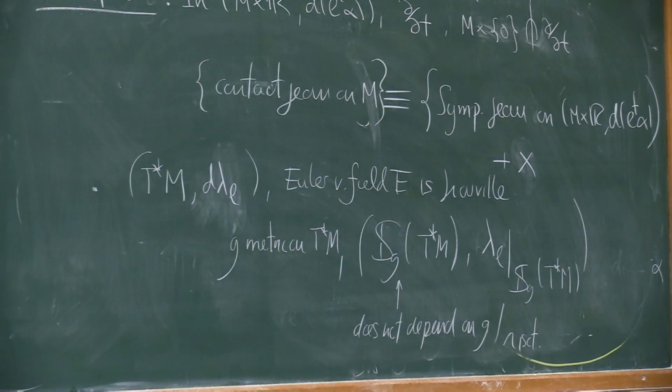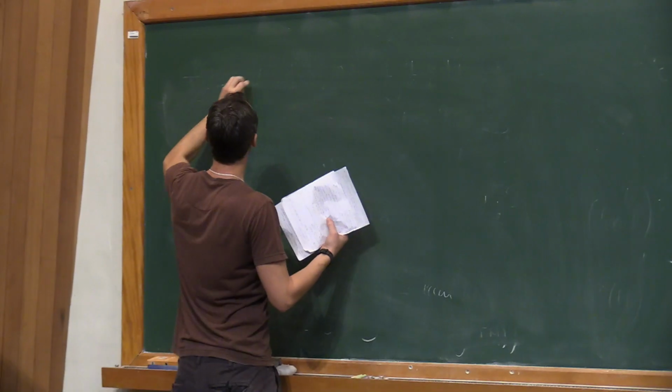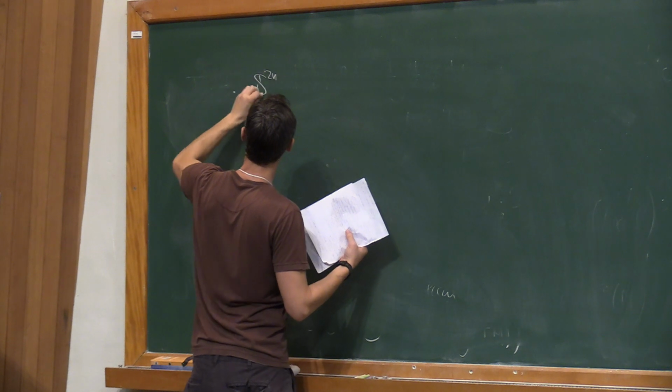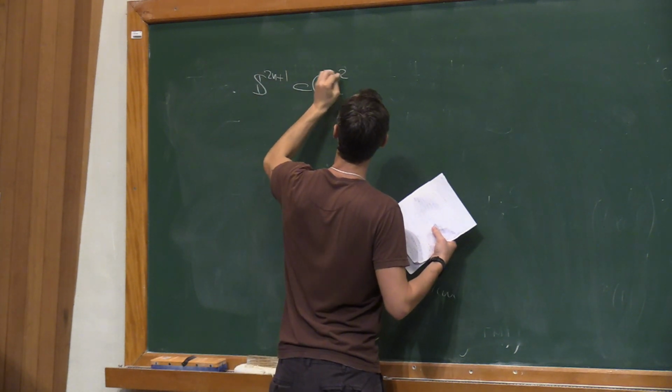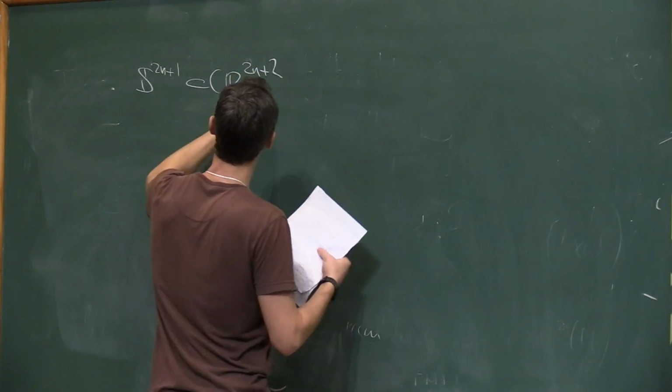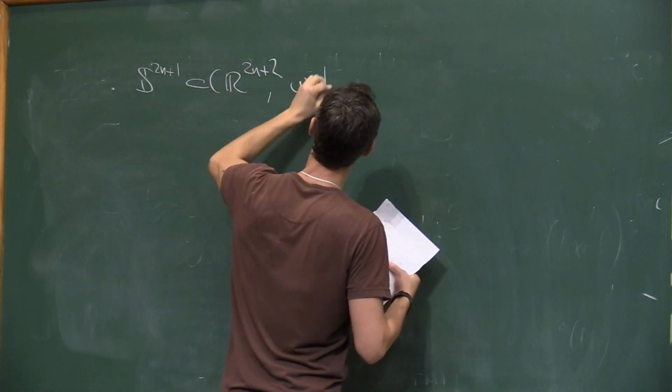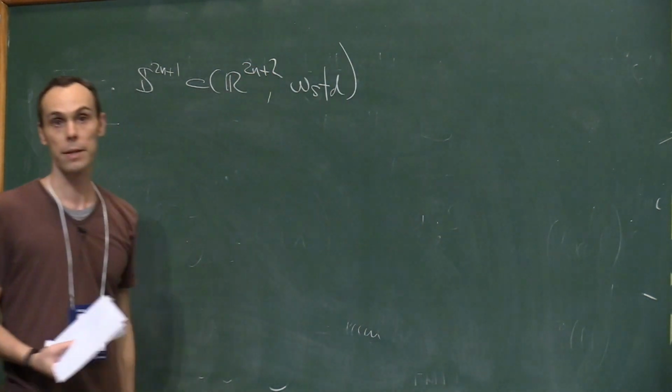One more example. Take the unit sphere in odd dimensions, and here with the standard symplectic form.